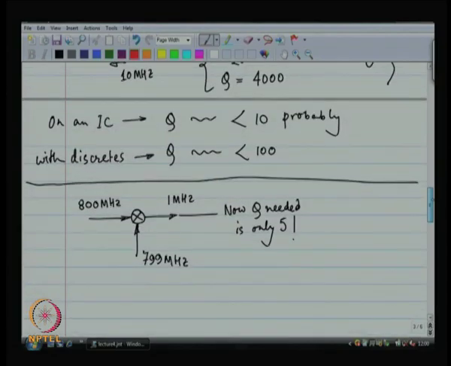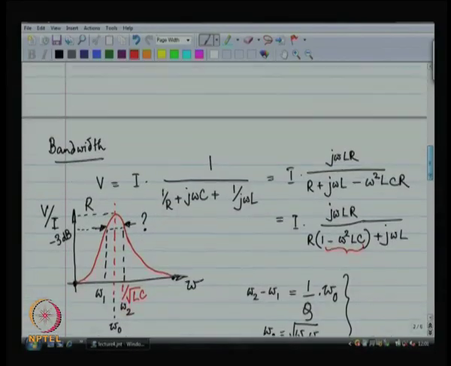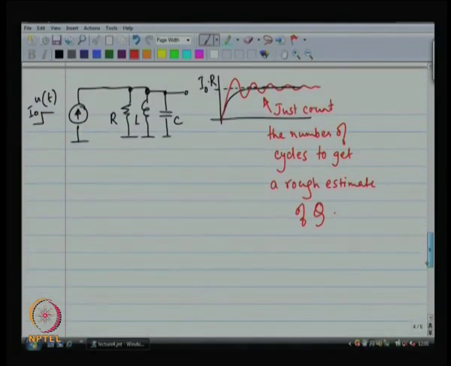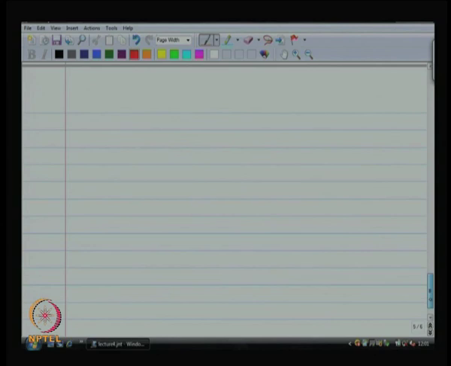So, you can look at the frequency response and estimate Q. You can look at the time domain response and estimate Q of the network without any great difficulty. This holds both for series RLC networks, parallel RLC networks, anything. I mean, I have shown it only in case of the parallel RLC network. In fact, I have not done any proofs whatsoever, but you can do it for any configuration.